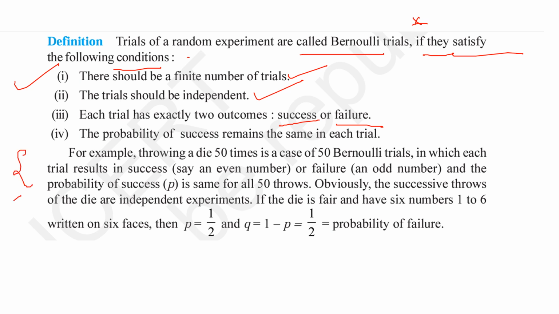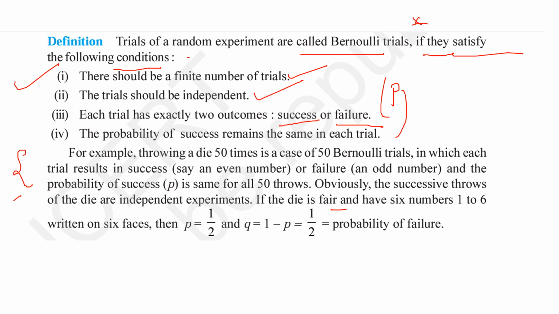Let's understand with an example. Throwing a die 50 times is a case of 50 Bernoulli trials, in which each trial results in success, say an even number, or failure, an odd number. And the probability of success is the same for all 50 throws. Obviously, the successive throws of the die are independent experiments.